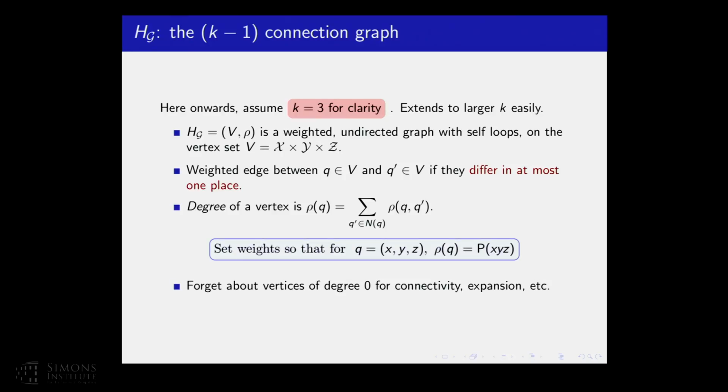I won't describe the weights because it's not really important. Suffice to say that we set the weights in a very natural way so that the degree of a vertex turns out to be the probability of that question being asked in the game. In this context, there might be question tuples that never get asked from x cross y cross z, and we just forget about them when we talk about properties such as connectivity, expansion, etc. So just keep this in mind.